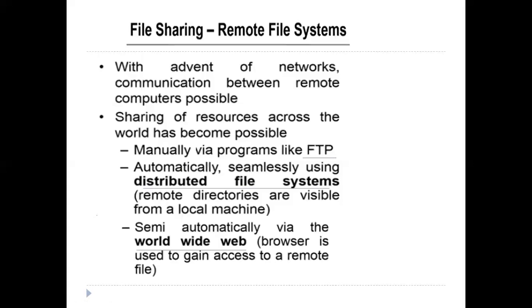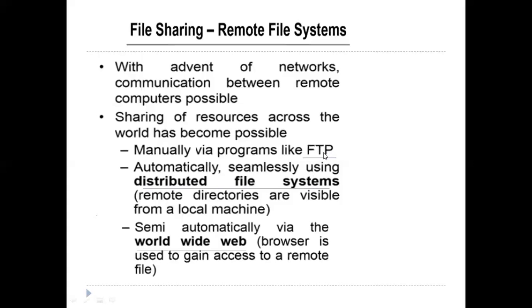Then the other, automatic way of accessing is with the help of a distributed file system. So here, whatever directories are there in the remote machine, those are visible from a local machine. That we call a distributed file system.